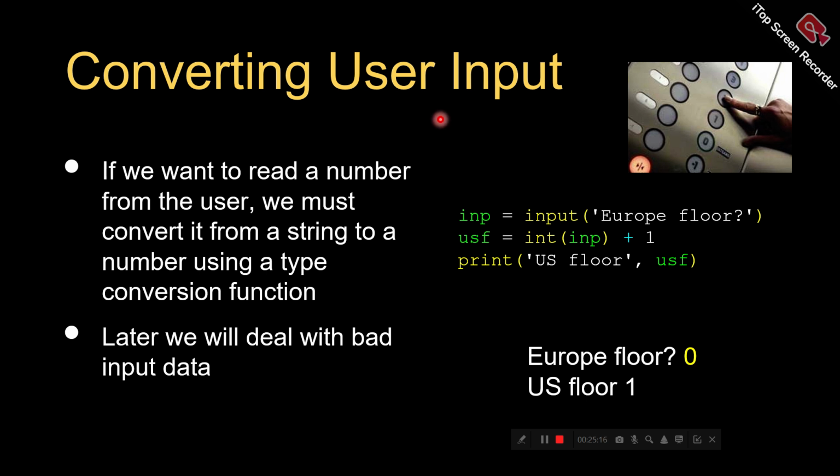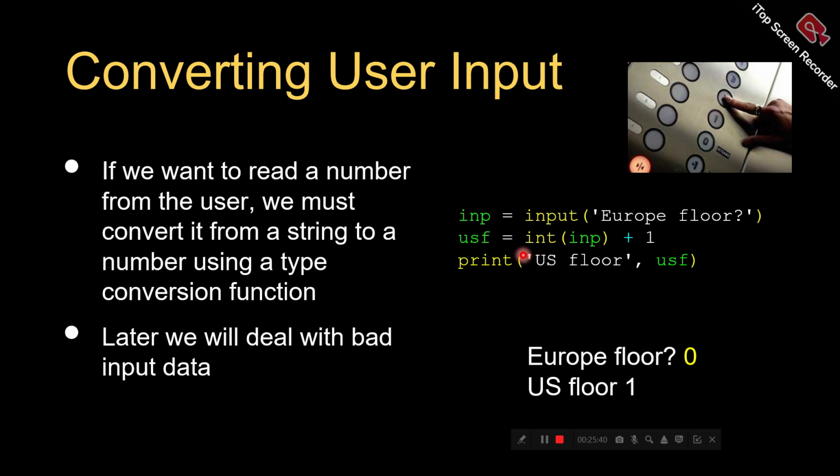Now, converting the user input. Every time, whatever input we take from the user, it by default takes the value as a string. If you want to take the input in integer format, you need to convert your input into an integer first. This is one method.